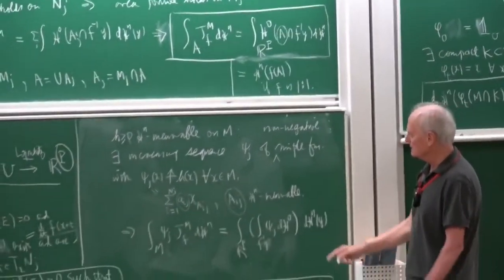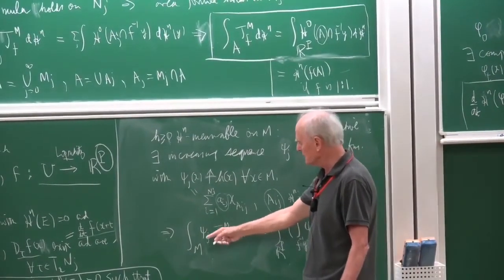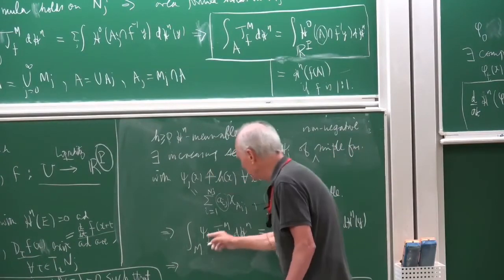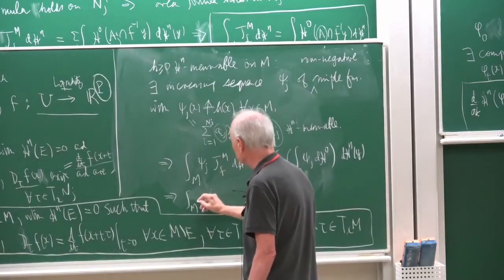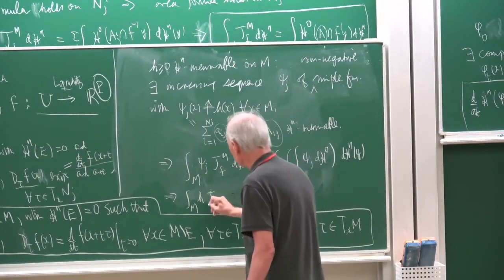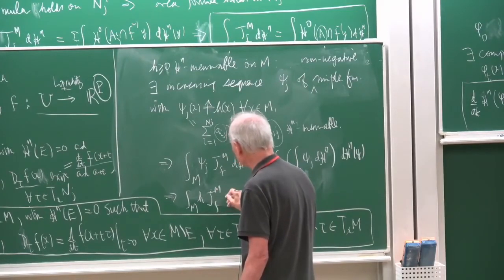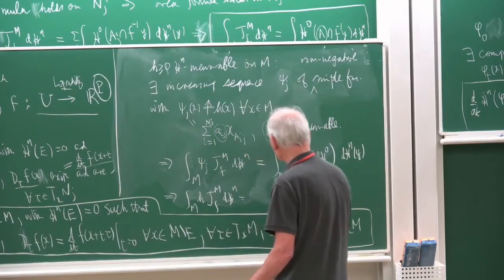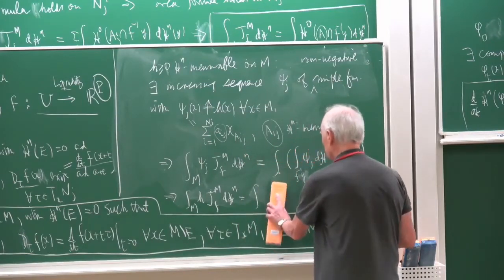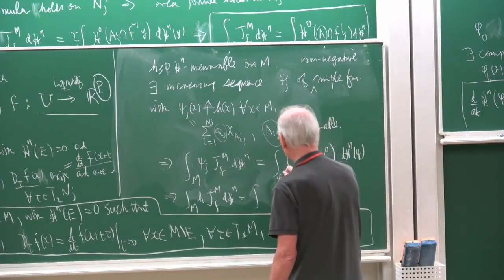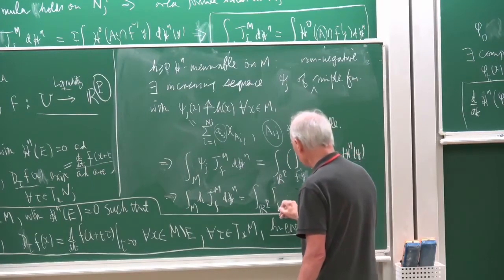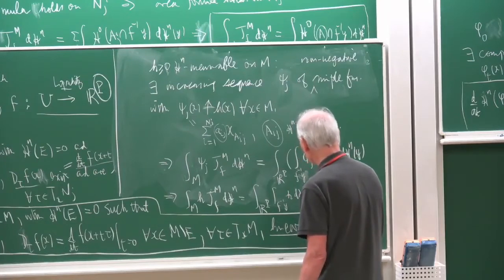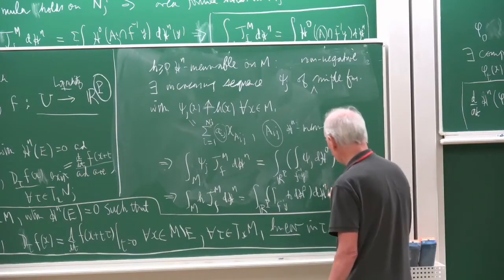Now just let j tend to infinity. By the monotone convergence theorem, this gives us a nice formula for integration of any function over M. The integral of the function h times the Jacobian is the same as integrating over Rp the integral over the pre-image f⁻¹(y) of h dH0, dHn(y).